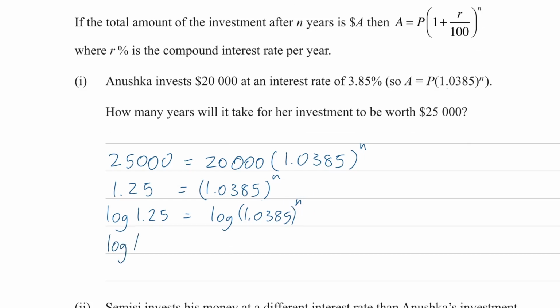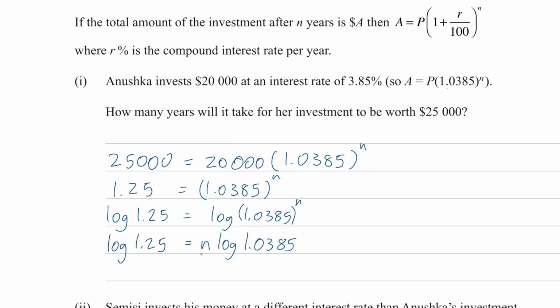So log 1.25 equals n, the power, times log 1.0385. And so now n, which is the unknown, is no longer in a power, as the index. We can now solve for it.